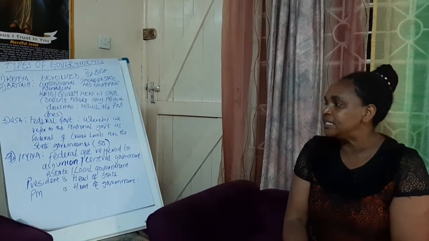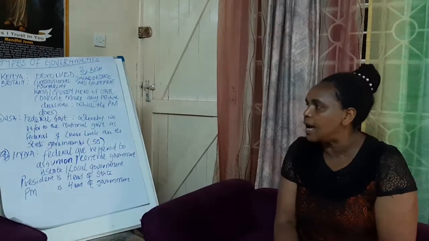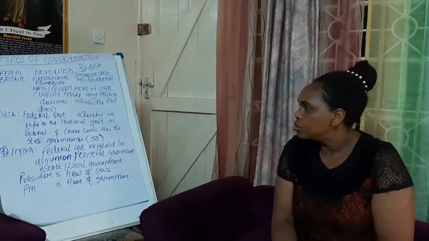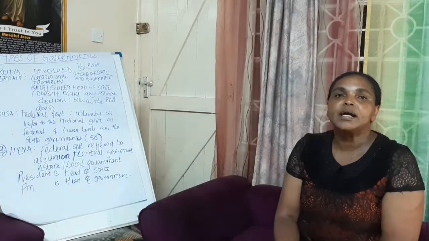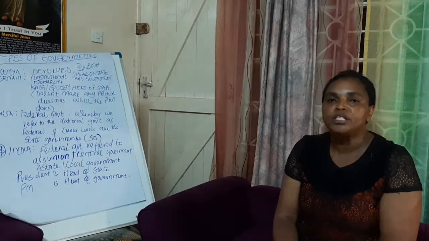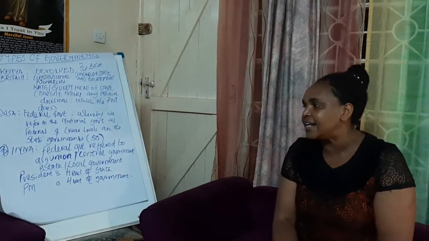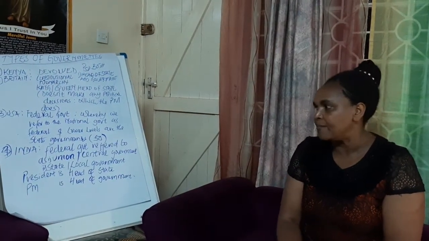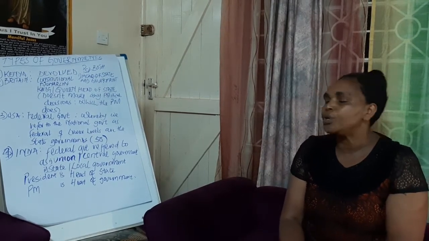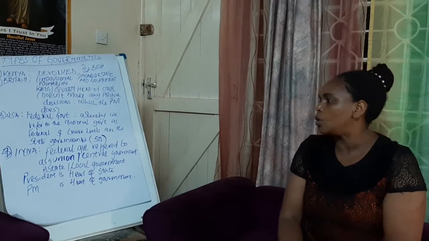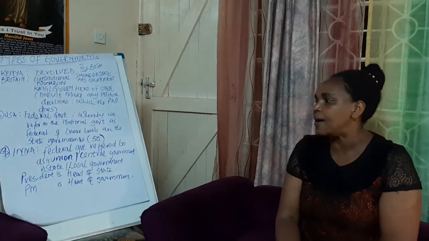When you come to India, we also have a federal government. Again, very similar to Kenya and to USA, whereby we have the whole country being looked at as one political unit, being ruled by both the president and the prime minister. So this national level government, we refer to it as federal government or union government or central government in India.